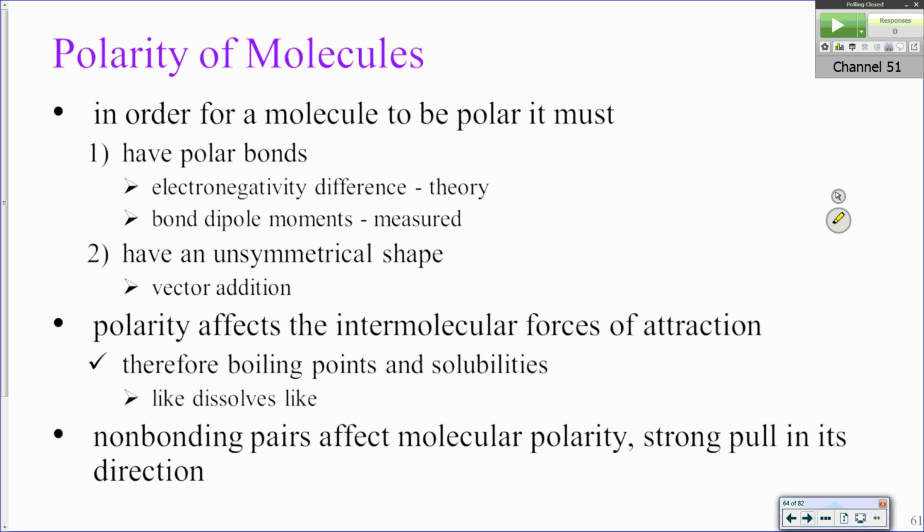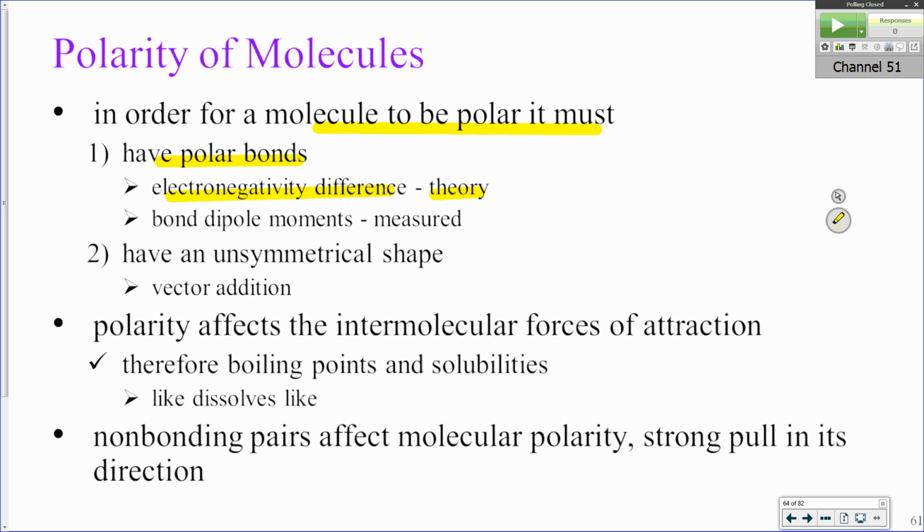The last topic that we want to look at in the chapter is the concept of polarity. Whenever we have charge separation, it's possible that we can have a molecule be polar. To be polar, it has to have polar bonds. We identify that with the difference in electronegativity, and that's something that's theoretical.